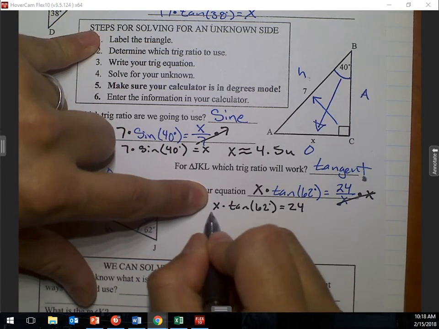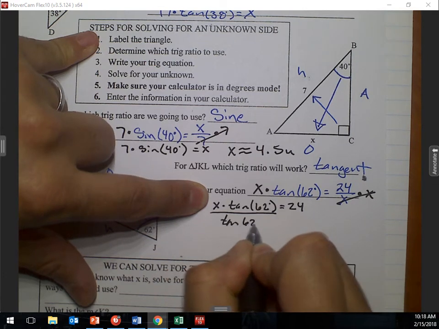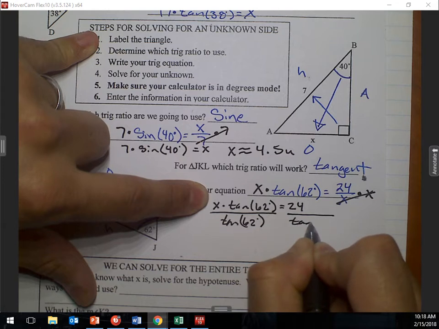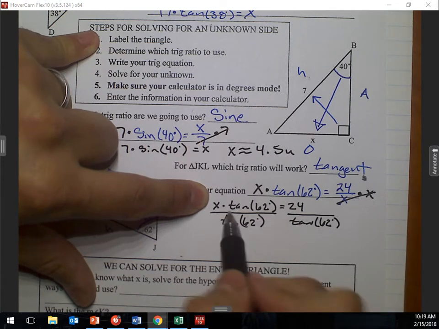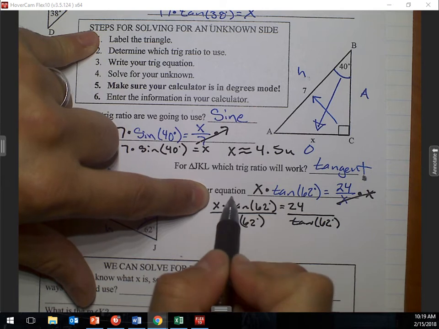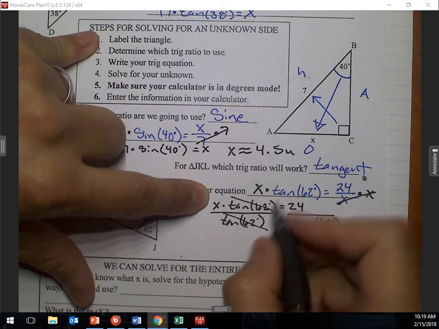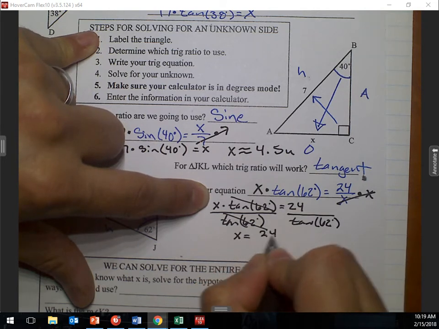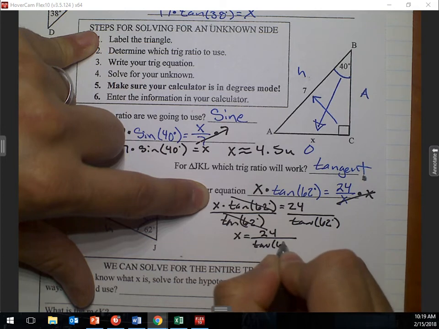I'm going to divide both sides by tangent of 62. So my tangent 62 over here will cancel, right? So now, once I cancel that out, I'm left with x equals 24 divided by tangent of 62.